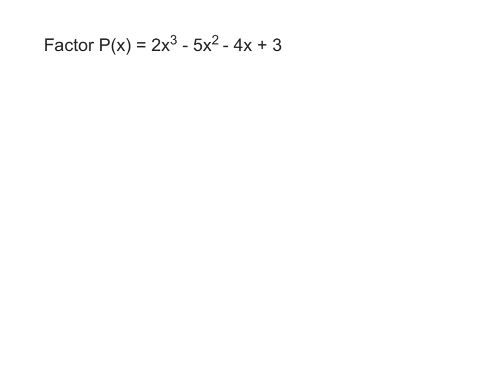We want to divide that polynomial by x plus 1. So to do that, I'll take negative 1 on the outside. So synthetic division. Negative 1 on the outside. And then on the inside, the coefficients, 2, negative 5, negative 4, and 3.